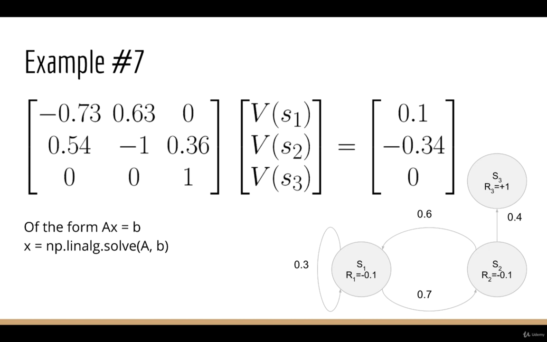This of course takes the form of Ax equals b, and we can solve it using the numpy function np.linalg.solve. As you recall from my numpy prerequisites course, you'd never want to solve this using the inverse method, which would be to calculate the inverse of A and multiply that by b, since that's not efficient in code.